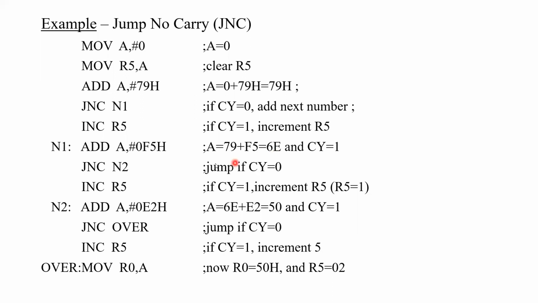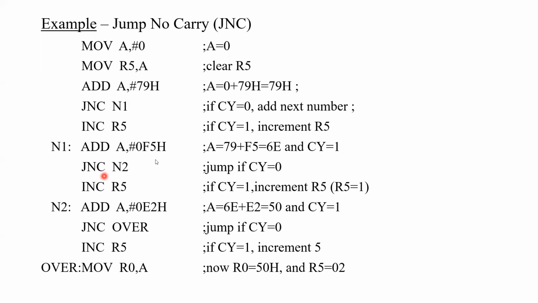The resultant sum is greater than 8 bits. It will have 6E here, so that the carry flag is set to 1. Now we have the instruction JNC N2, jump no carry. Here the jump looks at the carry flag.